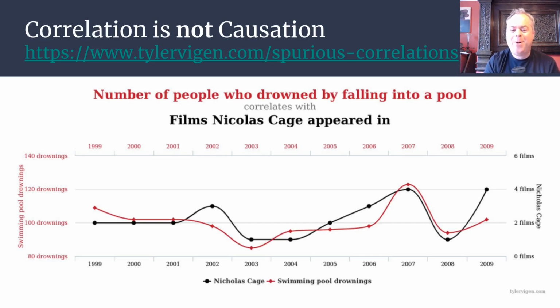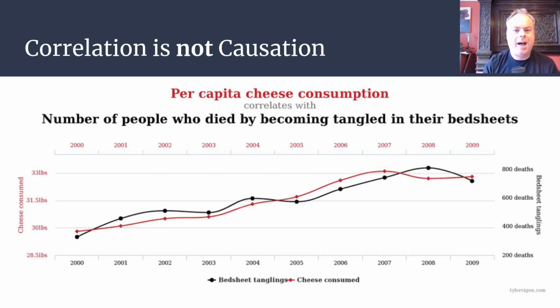The more films the actor Nicolas Cage appears in, the more people seem to drown by falling into swimming pools. Okay, he's not the best actor in the world, but I doubt that people are purposefully jumping into swimming pools to avoid watching his movies. Okay, that's one example.